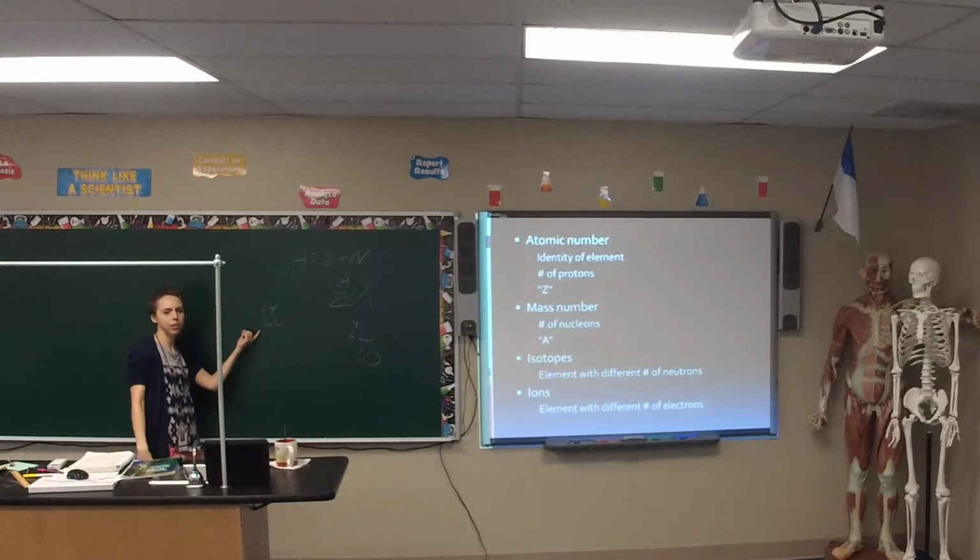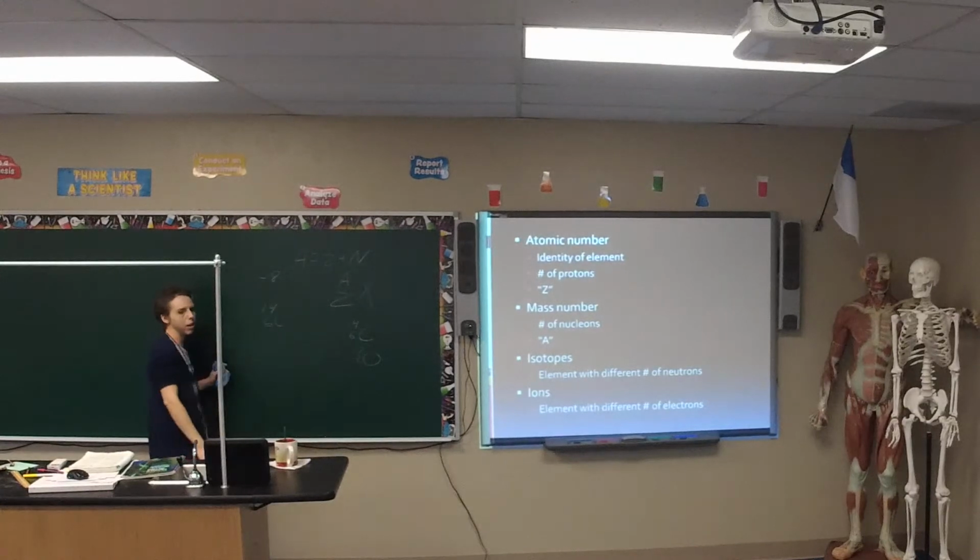What if I were to have carbon 14? How many electrons do I have to have if it's going to be a neutral charge? Well, how many positive charges do I have? Positive 6. If a positive 6 plus something equals 0, what do I have to do to get it balanced out?